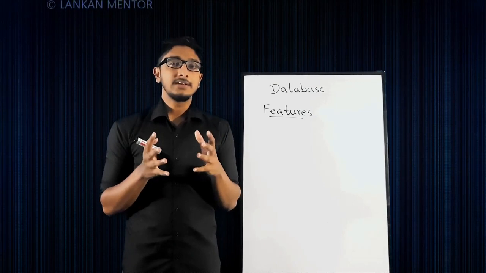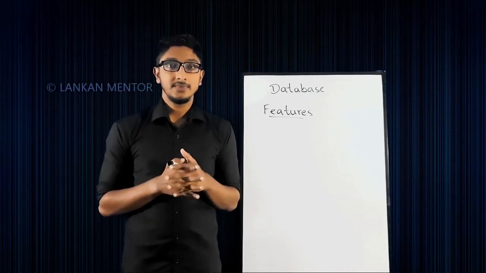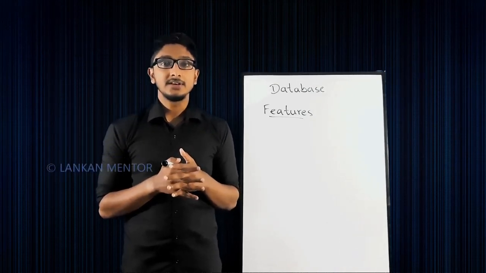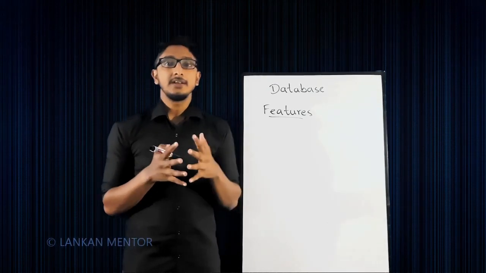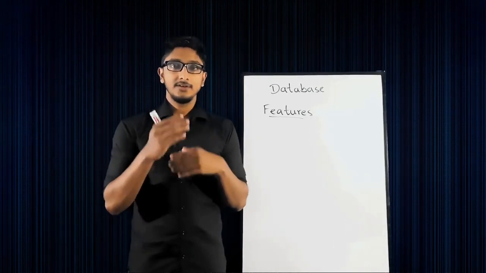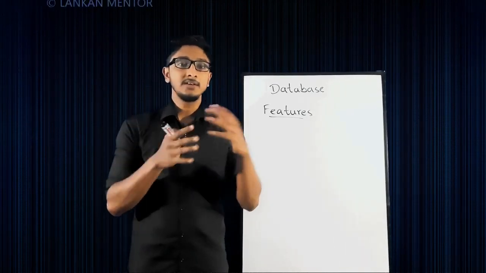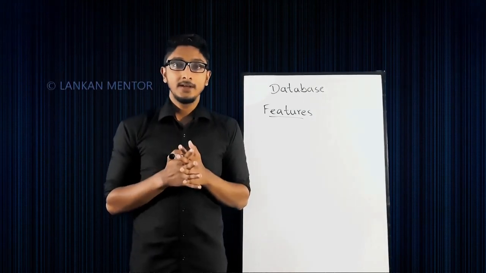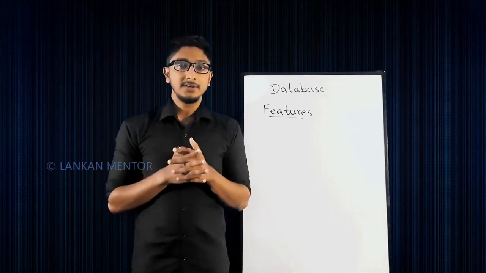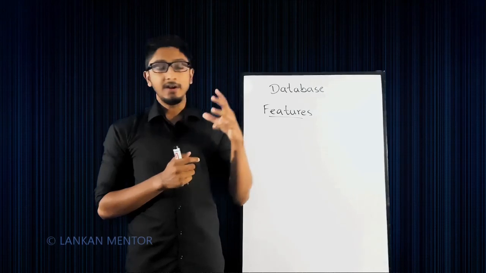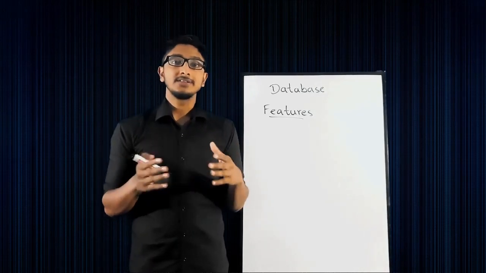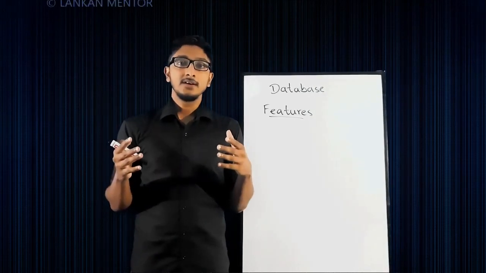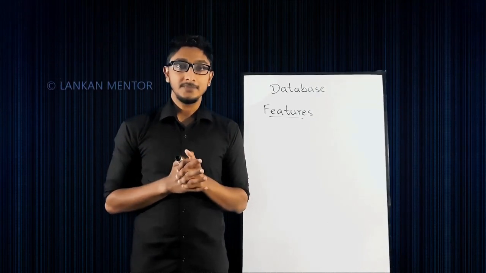What do you mean by data redundancy? Redundancy means repeating data, right? Redundant is repeating elsewhere. So minimal data redundancy means your data will not repeat again and again unnecessarily, right?